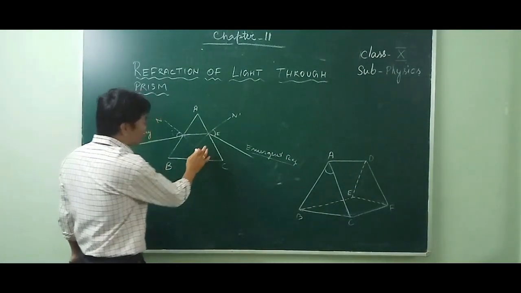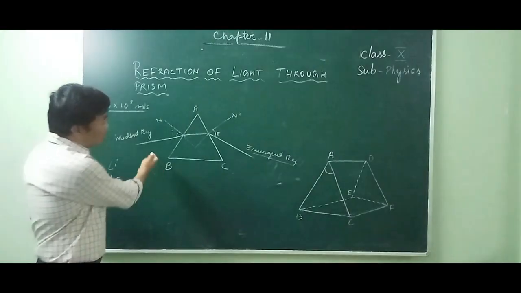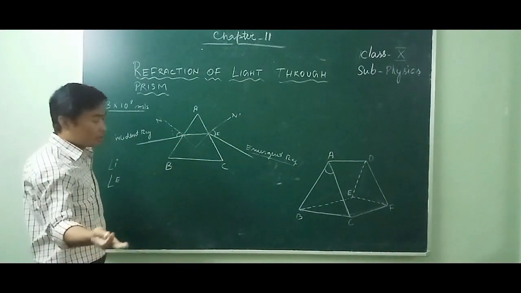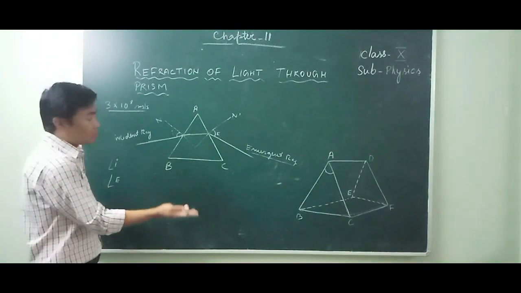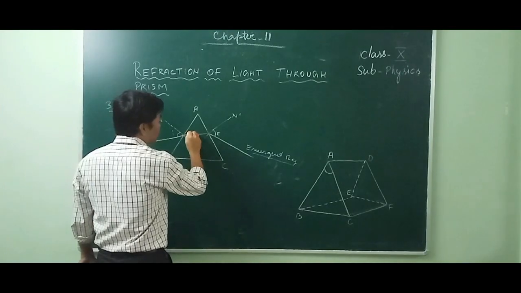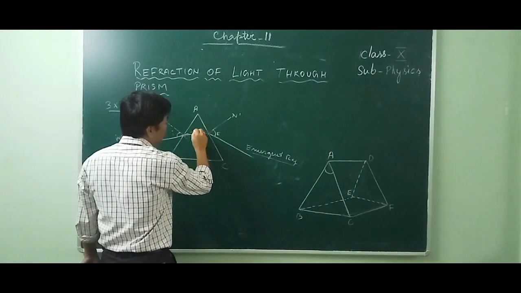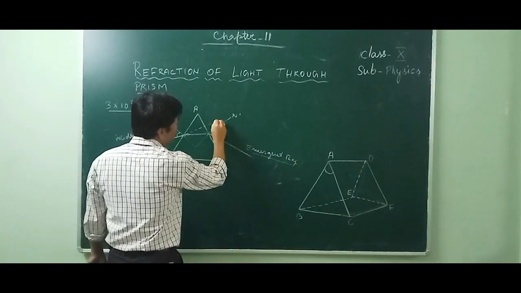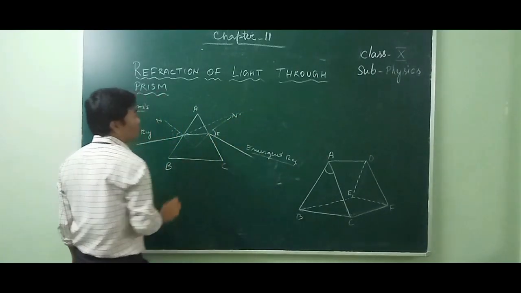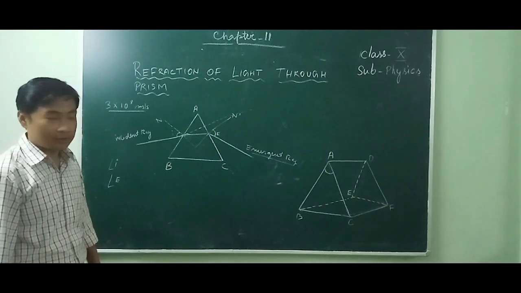Now, if there was no glass prism, the light would have traveled in a straight path without any deviation or change in its path.